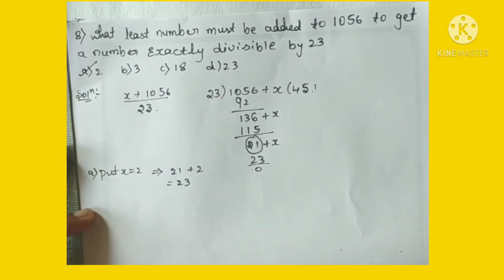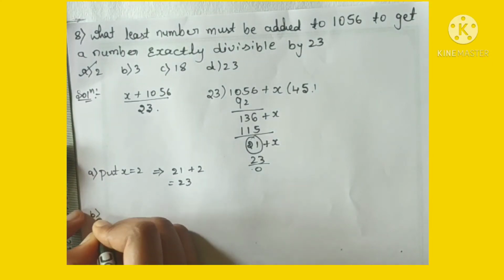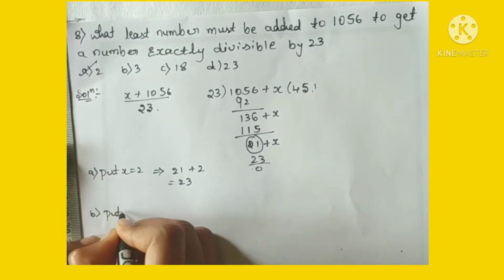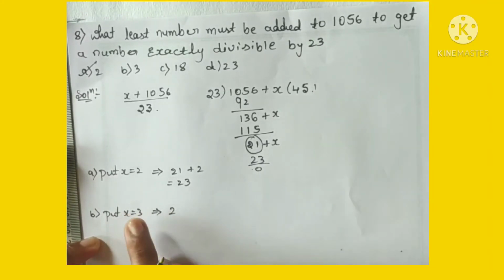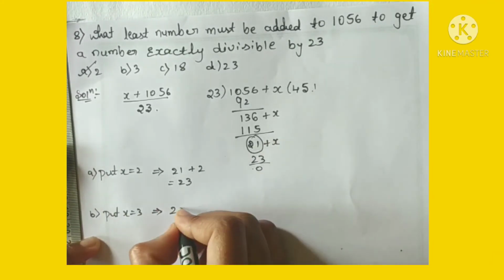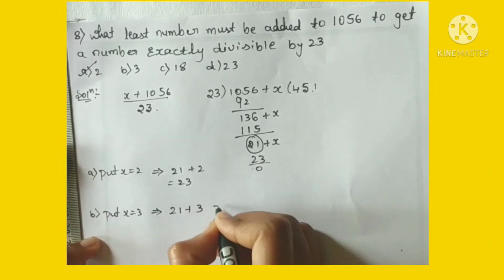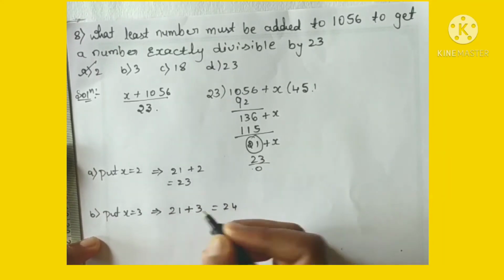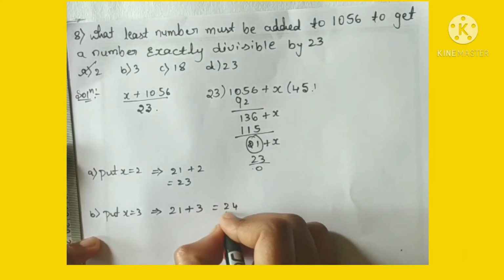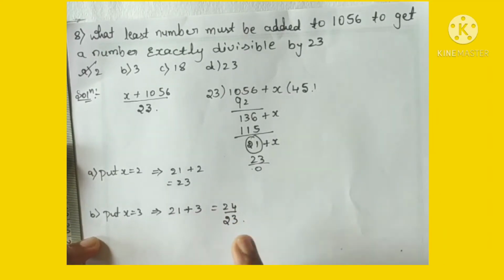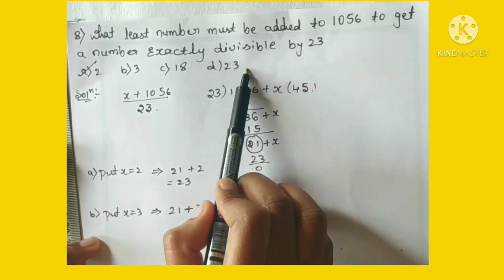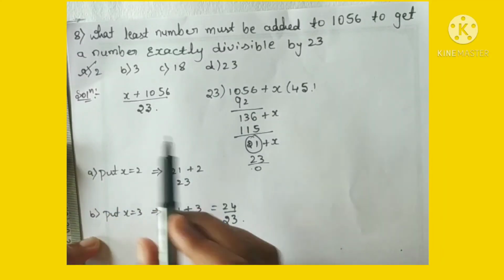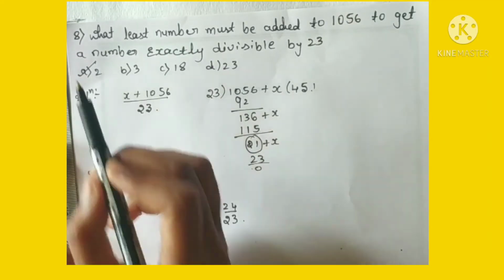Suppose I consider option B, that is x equal to 3, then 21 plus 3 is equal to 24. This 24 is not divisible by 23, so it is not a correct option. Similarly, option C and option D are also not satisfied. So the correct option is option A, that is 2.